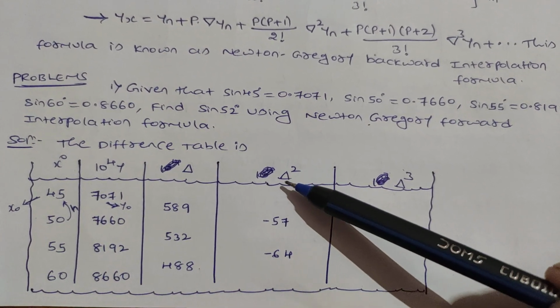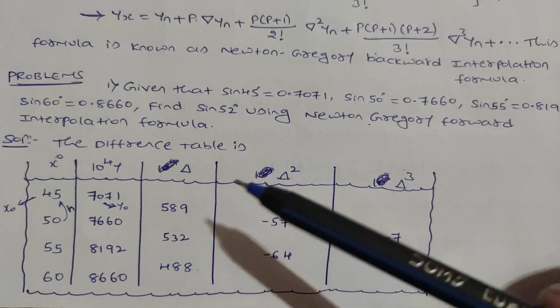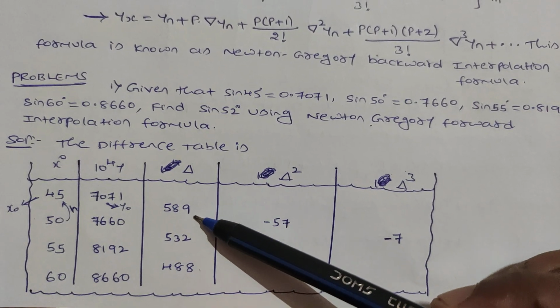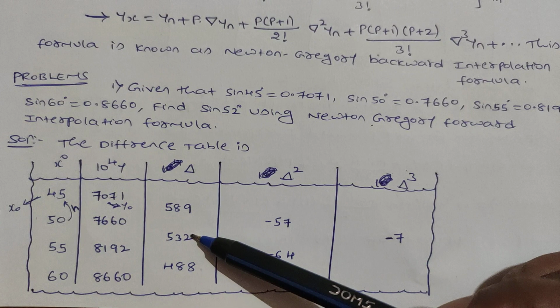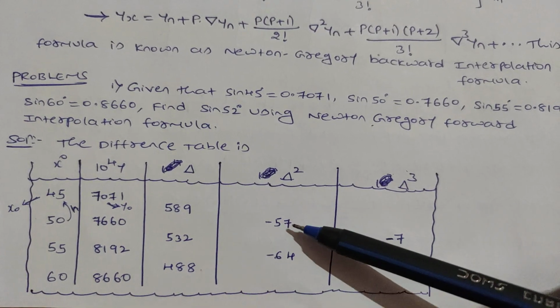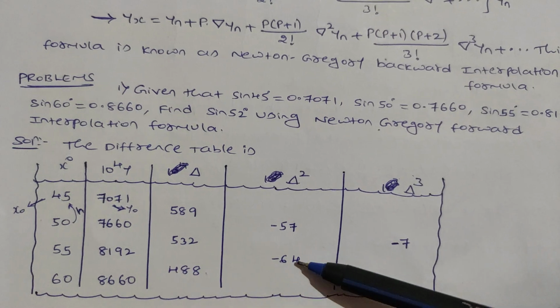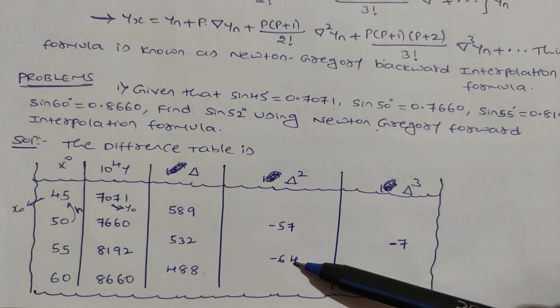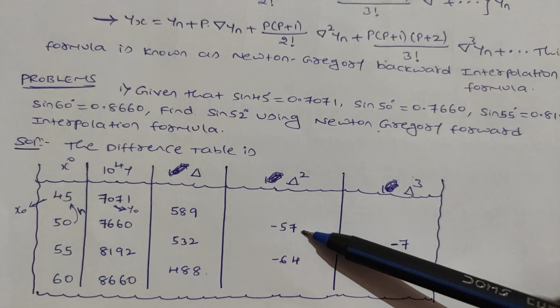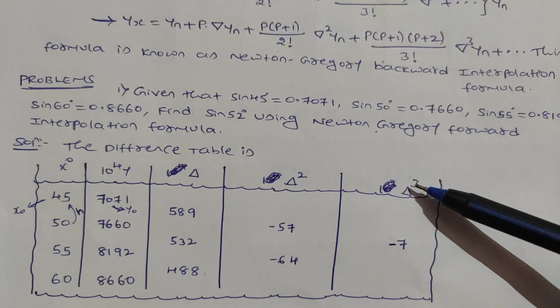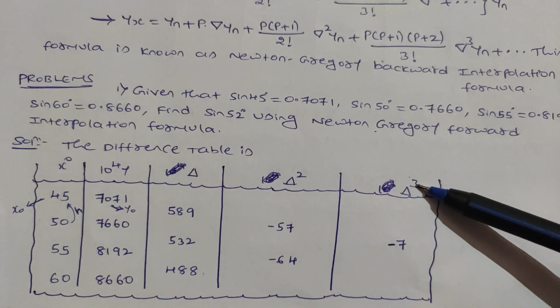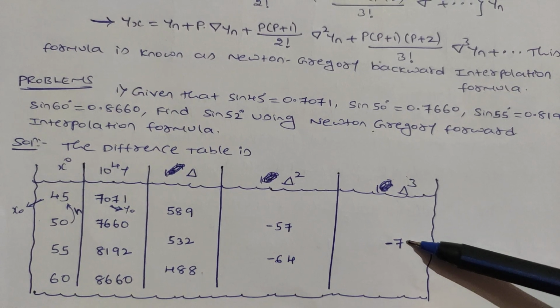We observe delta square, that is, take the difference of these two, we observe a negative value because it's a smaller number minus a higher number, minus 57. Again take the difference of these two, we observe its value as minus 64. Similarly, on taking the difference, we write delta cube, which is equal to minus 7.